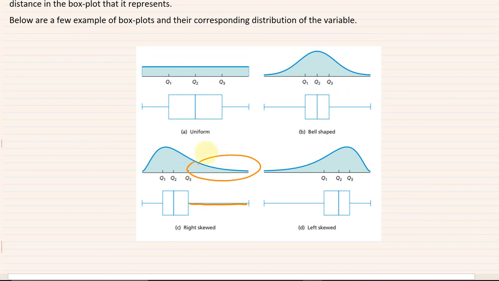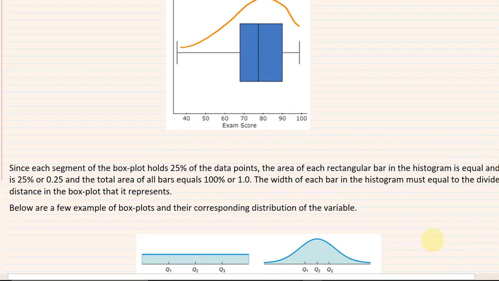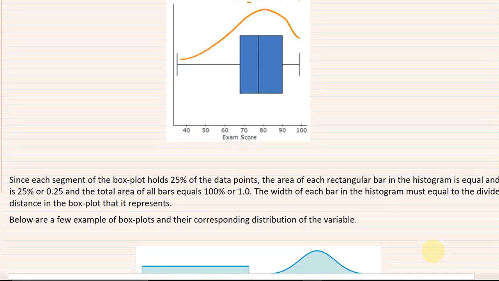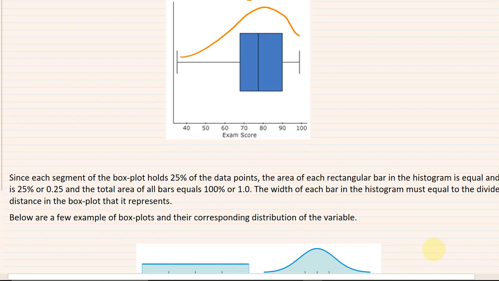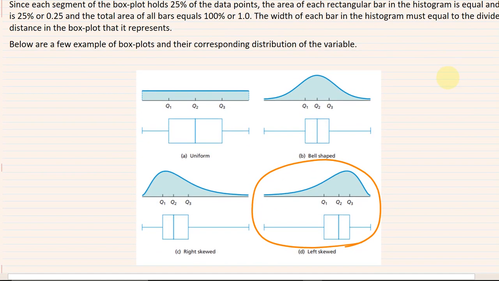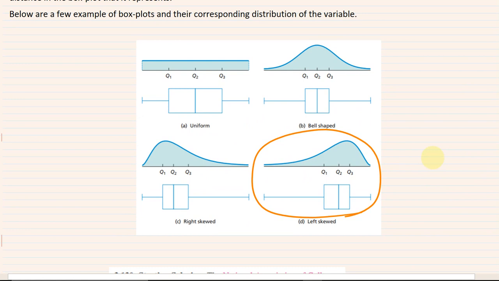That's indicative of a right tail. The longer whisker on the left is indicative of skewness to the left of the distribution. Okay, and that's how we interpret these box plots. Now look at, for example, the one that's in here, and look at the one that we have. You see how similar they are? The longer whisker on the left, longer whisker on the left, also in this group of box plots.